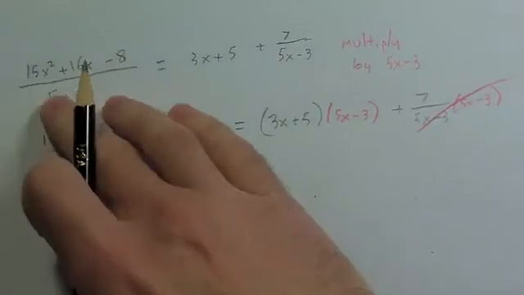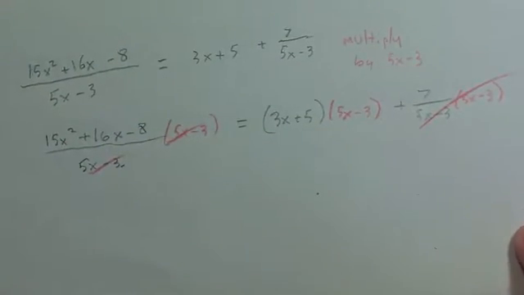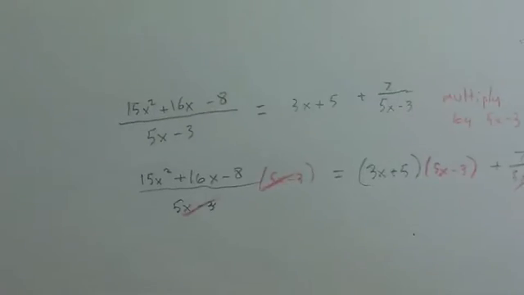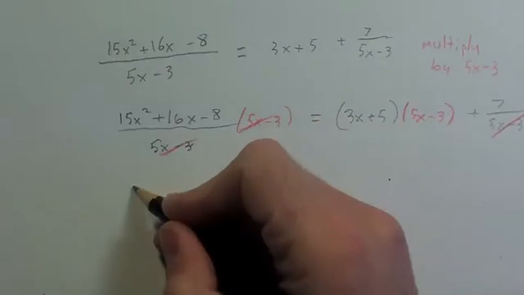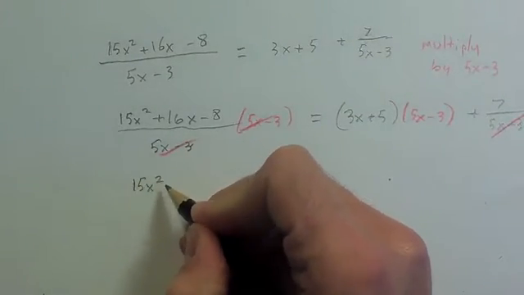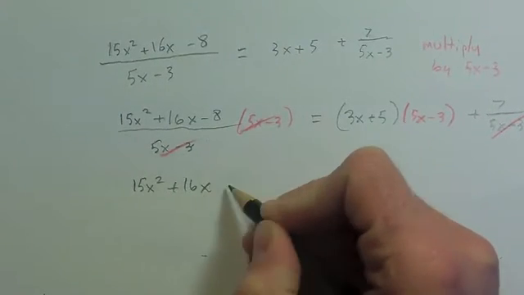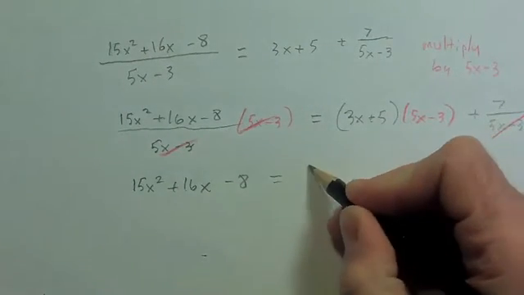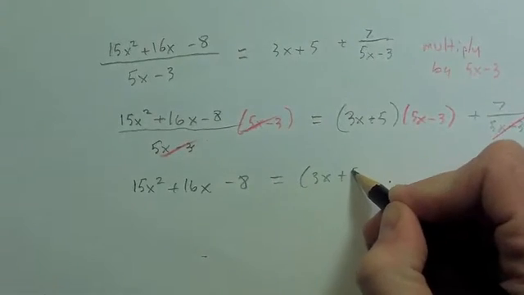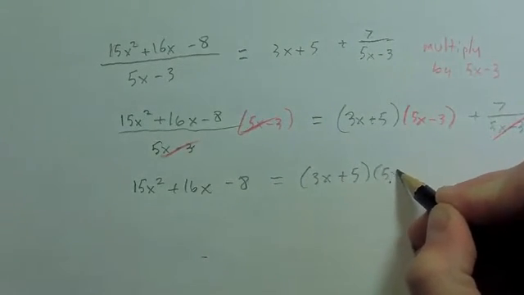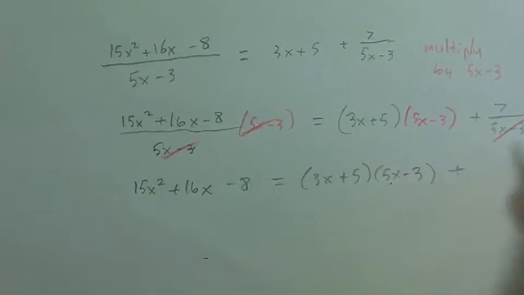So multiplying by what you're dividing by everywhere cancels out all the fractions, and so what you get is 15x squared plus 16x minus 8 is equal to (3x plus 5) times (5x minus 3) plus 7.